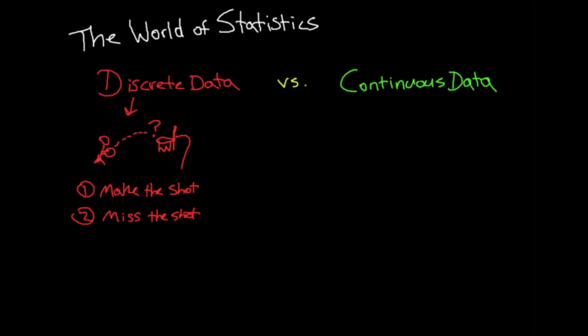So discrete data has clear separation. So clear separation of events, meaning that we either make or we miss. There's also some other way that we can think about this. You can ask yourself two questions. Can we count it? So is it countable?